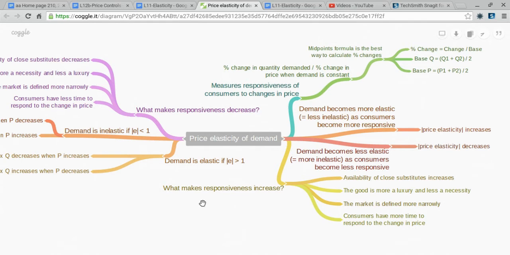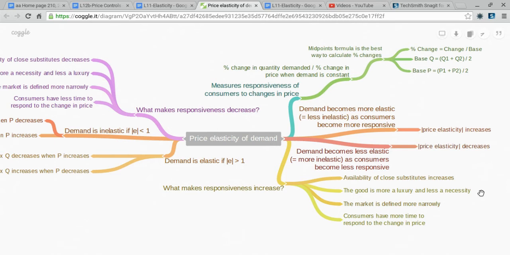Now, what makes demand become more elastic? What makes consumers more responsive to changes in price? The influences tend to fall into one of four categories. First, as the availability of close substitutes increases, the demand becomes more elastic.